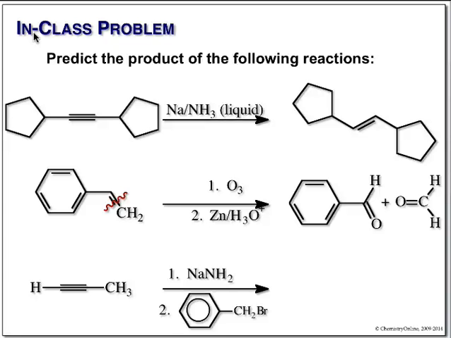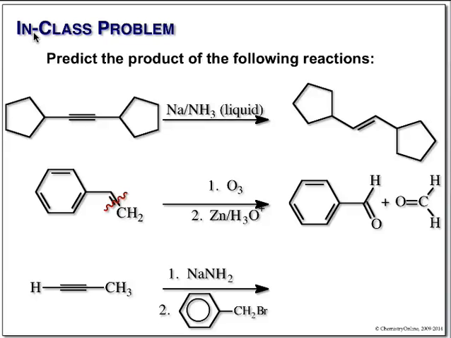Now this next one, this is sodium previously dissolved in liquid ammonia. All right, so you dissolve it, you wait till it finishes bubbling. Then you have a solution of sodium amide, very strong base.